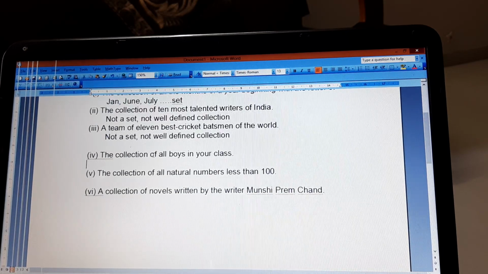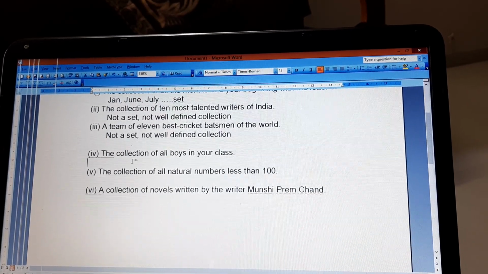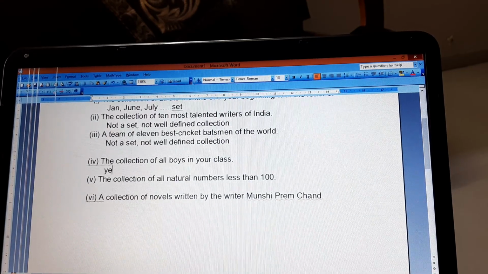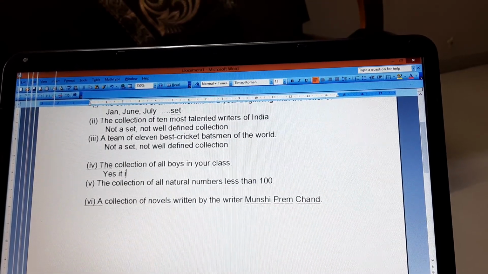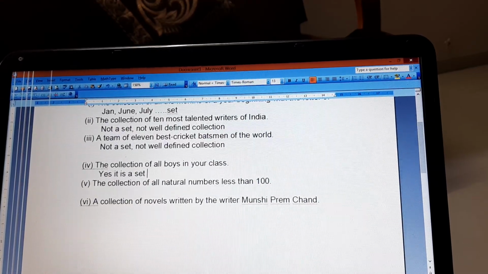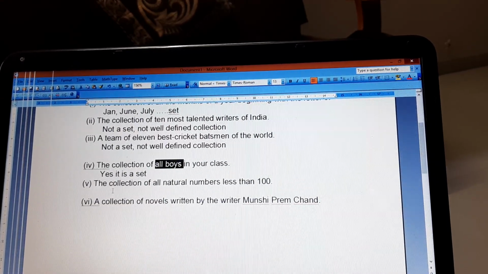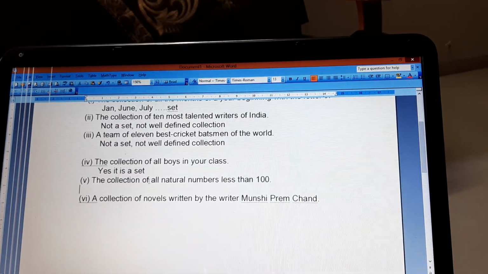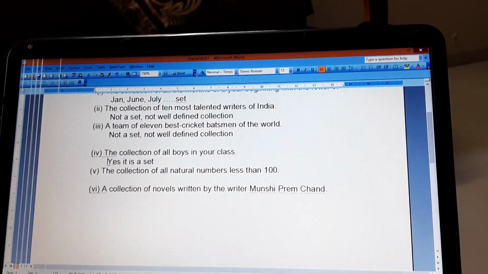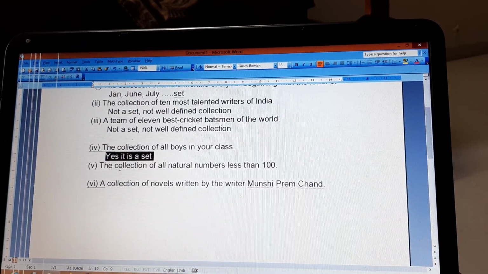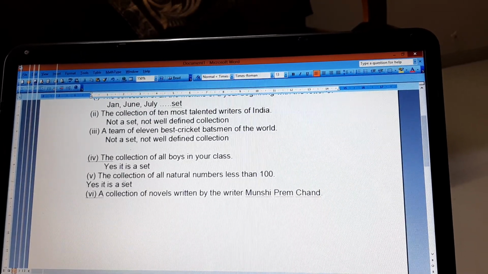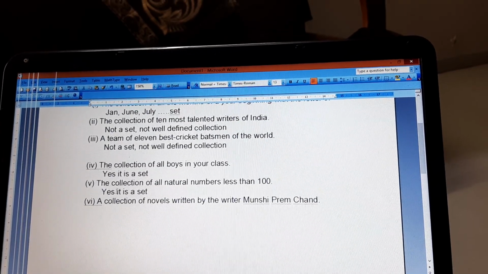Next, collection of all boys. Yes, it is a set, because it is a well-defined collection. You can list out all boys in your class. Collection of all natural numbers less than 100, which also you can list out. So the answer is again, yes, it is a set.